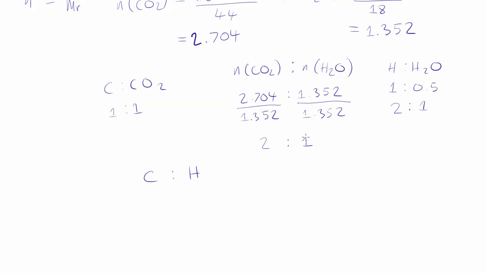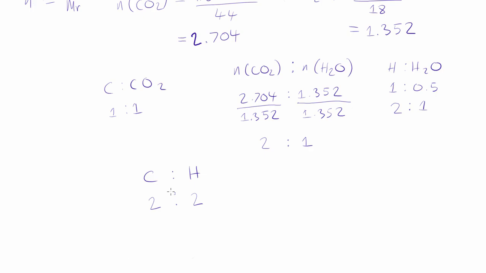So what does that mean in the case of the carbon to hydrogen ratio? Well, it means that here we're going to have a 2, and on the hydrogen side, we're also going to have a 2, right? So that's a 2-to-2 ratio. Now, would this be our empirical formula?